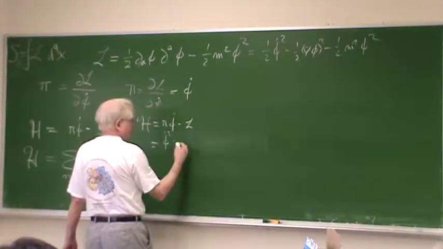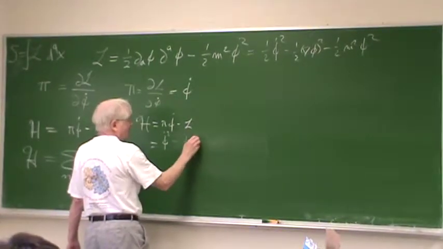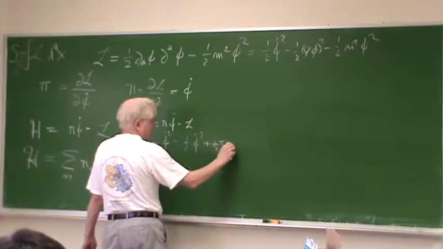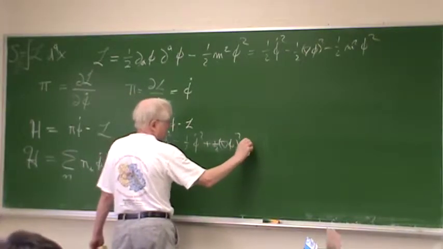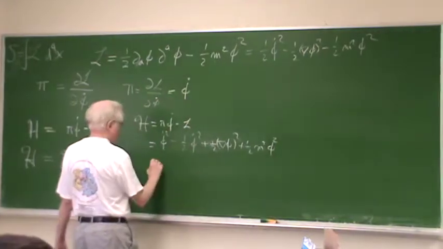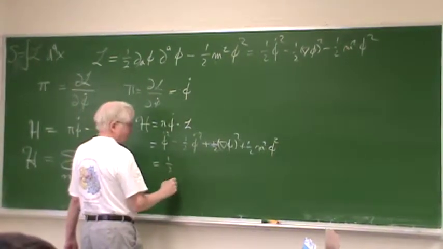And so when we subtract here, we're subtracting a half phi dot squared plus a half grad phi squared plus a half m squared phi squared. And so altogether this is just a half.